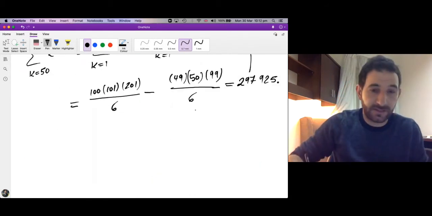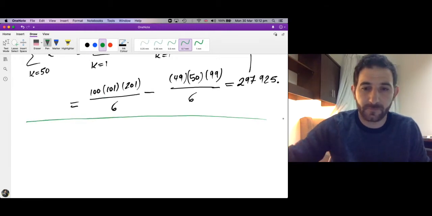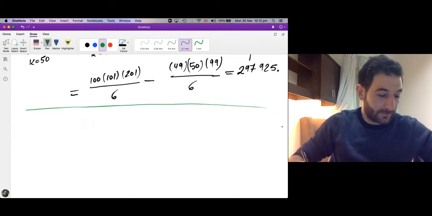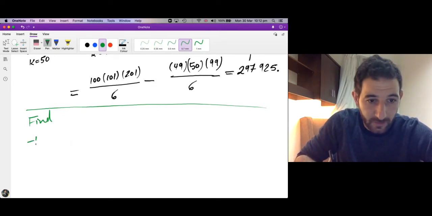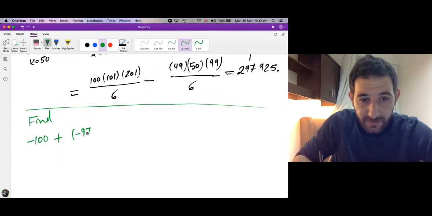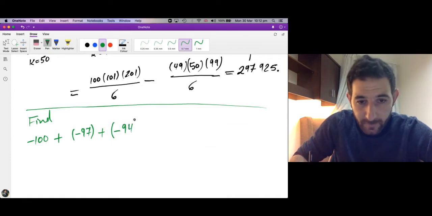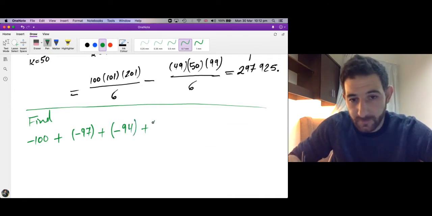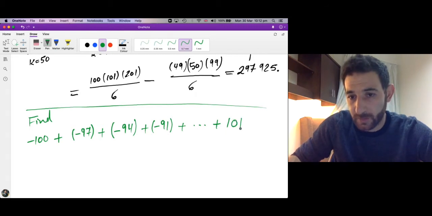Okay, let's have one more question. Find the sum of the following numbers: minus 100 plus minus 97 plus minus 94, plus minus 91, plus, we keep doing this up to 101.